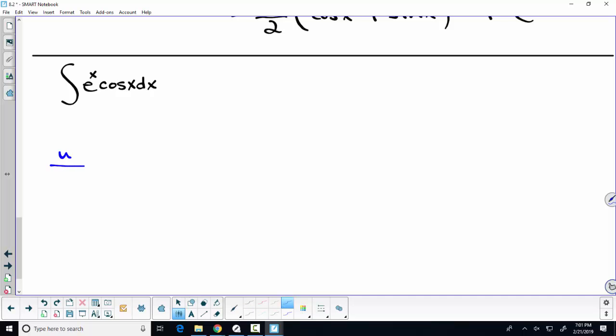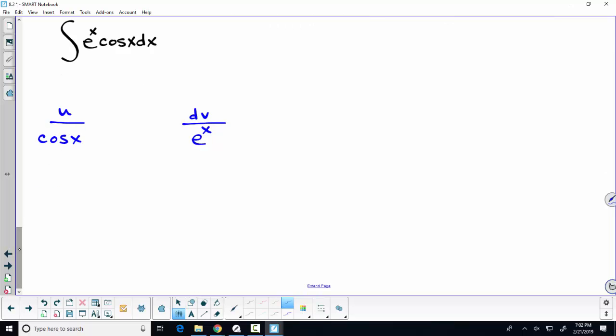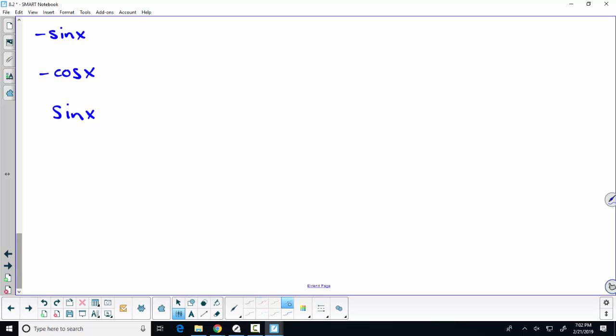So we have our u's here and our dv's here. Our u was cosine, and our dv was e to the x. So with u, we take the derivative. So, I mean, we'll just do this, because this thing we would keep going.